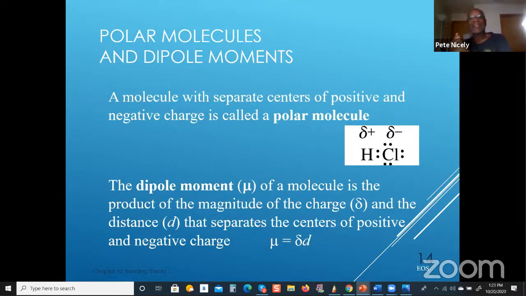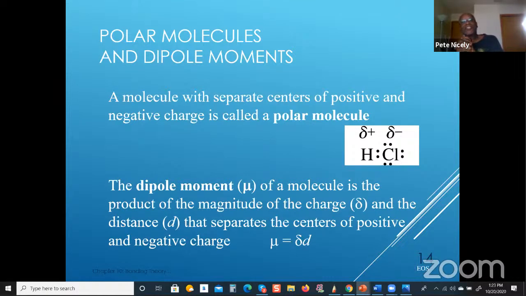In hydrogen chloride, the chlorine is more electronegative than the hydrogen, so chlorine has a partial negative charge and hydrogen a partial positive charge. Whenever we have this separation of charge, we say that the bond or the molecule is polar. So hydrogen chloride is considered to be a polar molecule.